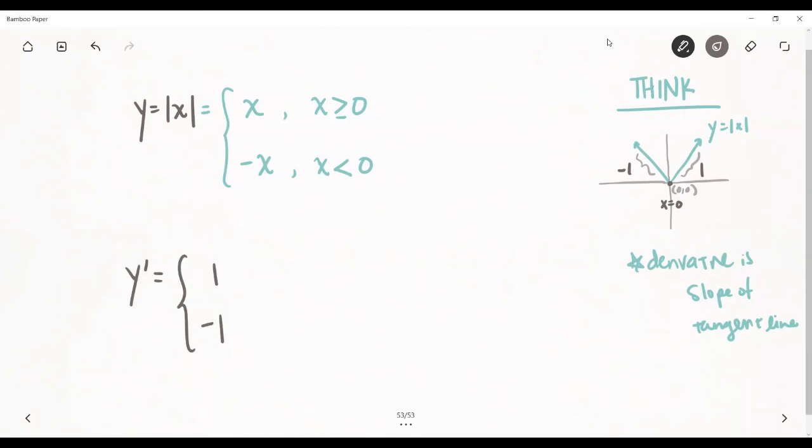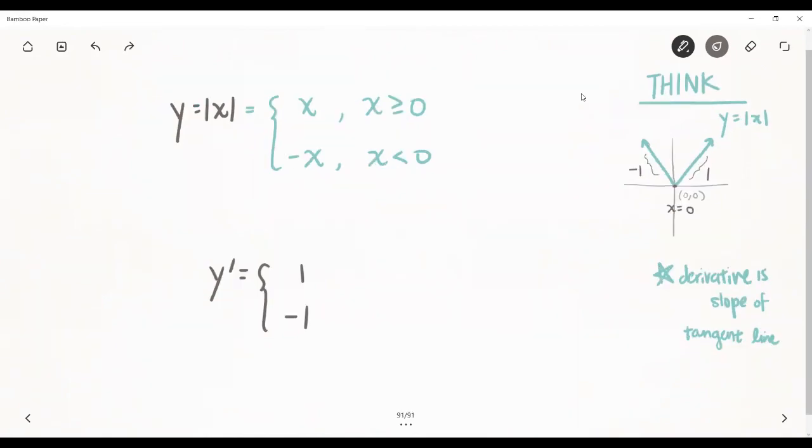How would we draw the tangent line at this point that's so sharp? And you might remember that because of that sharp transition, the slopes of the tangent lines change from negative one to a positive one so quickly, in an instant, that right at x equals 0, the derivative does not exist, because it's impossible to state what the slope of the tangent line is right at x equals 0.